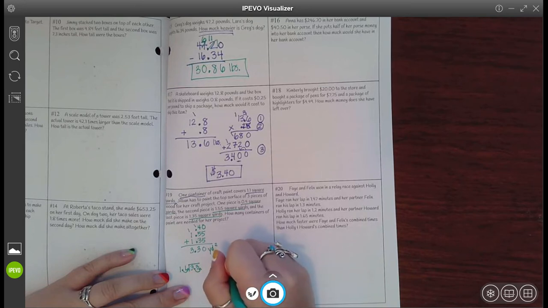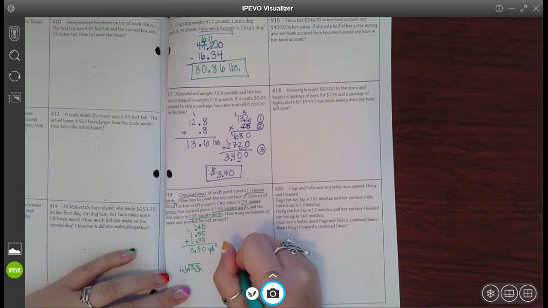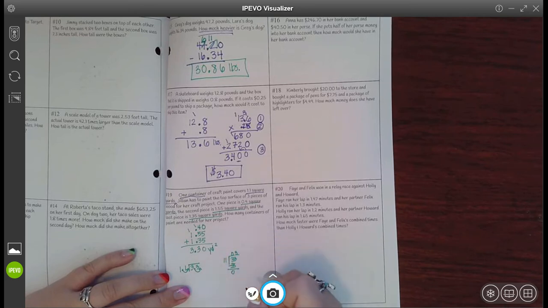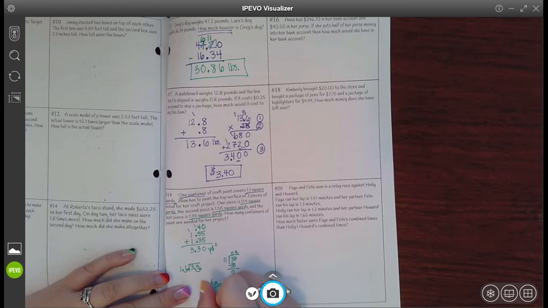So now you have 11 into 33, totally doable. 11 can't go into 3, but it can go into 33 3 times because 11 times 3 is 33. When you subtract that, you get 0. So it went in perfectly evenly. You will need 3 cans of paint to cover that much space.